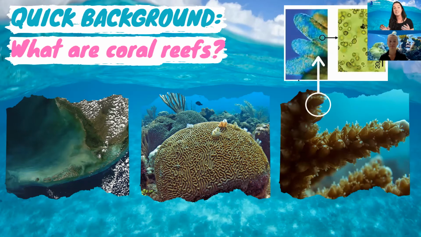But these corals also have an algal symbiont, a little unicellular algae that lives inside of their tissue. They have about 1 million of these cells per square centimeter of tissue. This algae depends on sunlight energy to photosynthesize, and then it translocates 90 to 99% of what it creates to the coral. So it's a huge energy resource for these coral species.